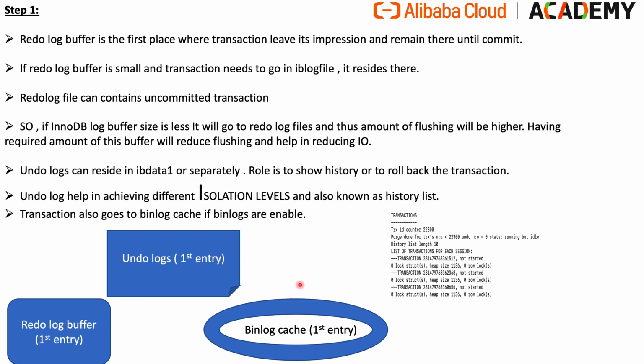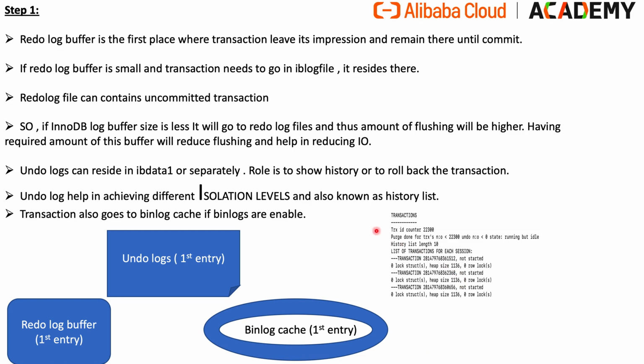So if you want to see how the transactions are going now: undo log records are used to store modifications to table records to comply with different isolation levels. And they are also known as history list. So we have an option in MySQL where we can check all the transactions, and that is known as show engine InnoDB status.